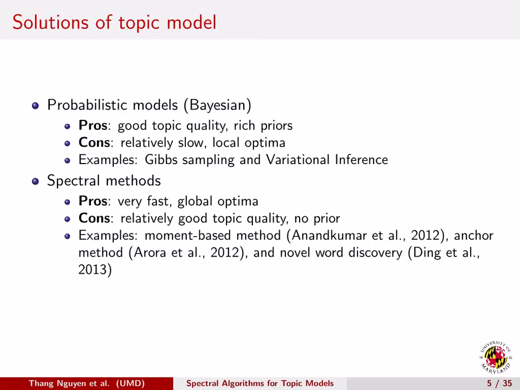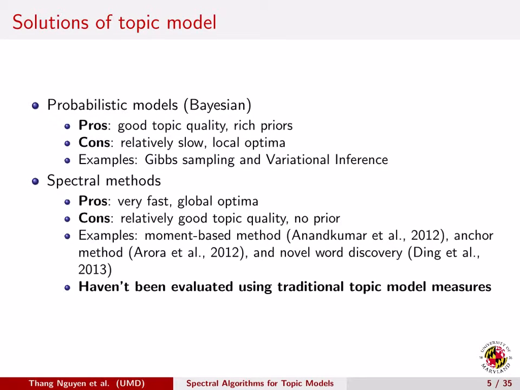And we'll say in a second why we think that adding priors might help these methods improve. And they also haven't been subject to the same scrutiny in terms of evaluation techniques that the more established probabilistic models have.